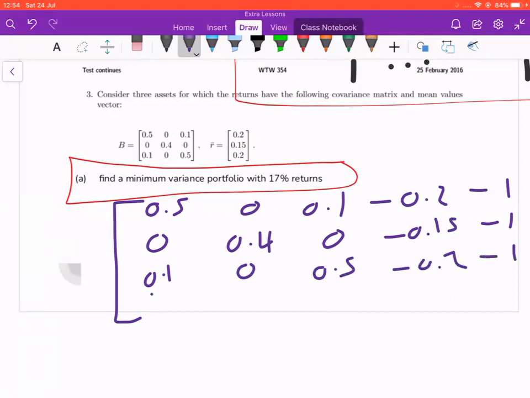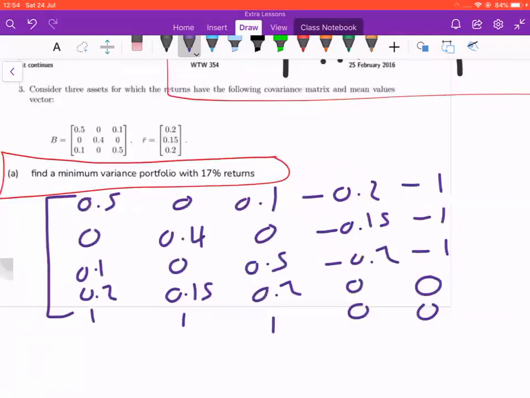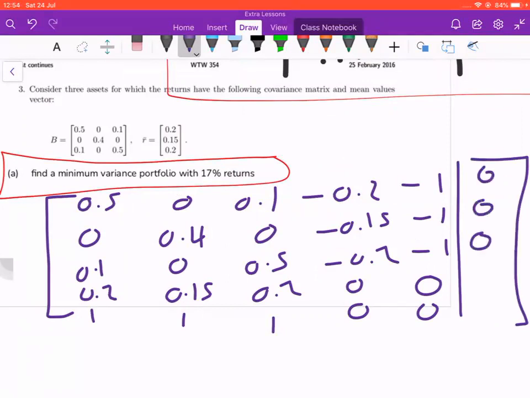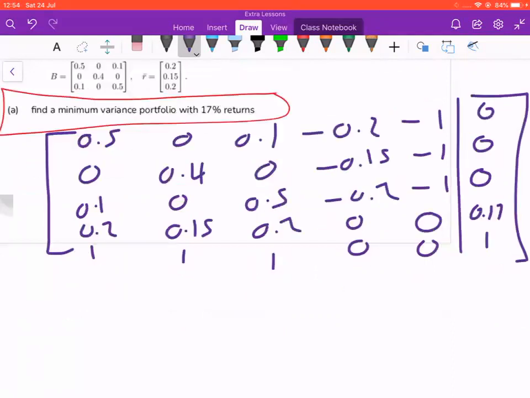Then you're going to have 0.2, 0.15, 0.2, 0, 0. Then you're going to have 1, 1, 1, 0, 0. I can simplify it further, and then I can say it's going to be 0, 0, 0, the returns, which is going to be 17%, so it's 0.17, and then 1. And then you're going to reduce your matrix, and then you're going to find your answers.